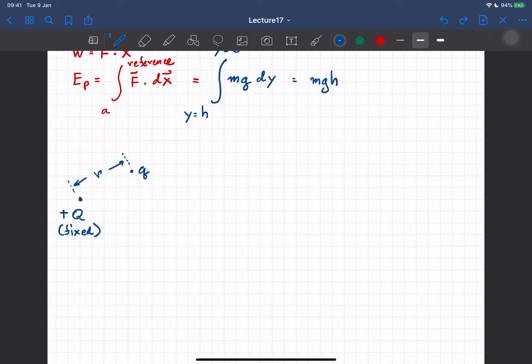So if we want to move the charge, small q, from a very far away place, let's say here, and even further, as far as you can, and move that to this point, how much potential energy are you going to gain?